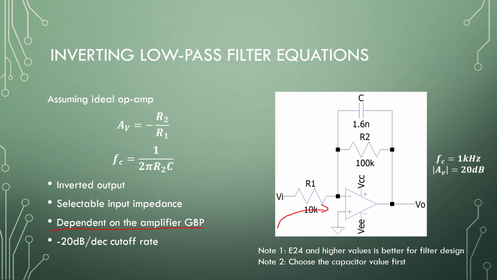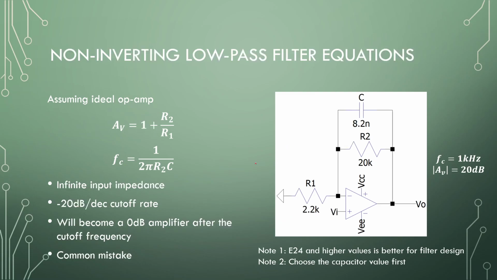Okay, so the gain bandwidth product will mess around with our cutoff rates or our stop band of our amplifier. And since this is first order, we have a minus 20 decibels per decade cutoff rate for this particular filter. Right, so in general, this is not a very good configuration to use.